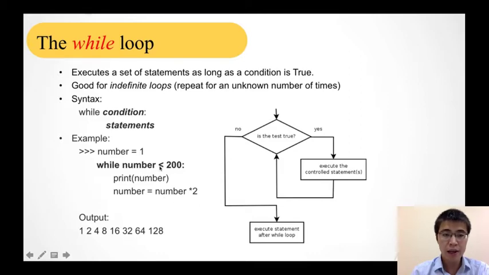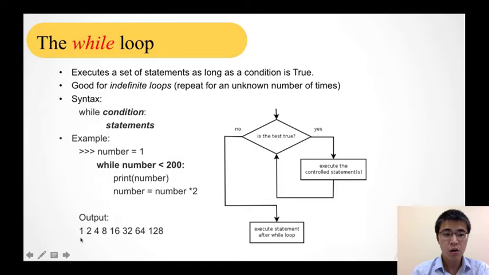And then we go back to check the condition. Number is 2, it is still smaller than 200. Okay, we continue our loop. We continue our loop until the number is bigger than 200. If the condition is false, we stop.